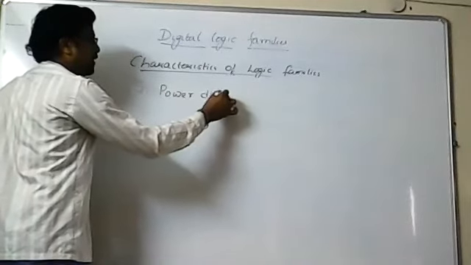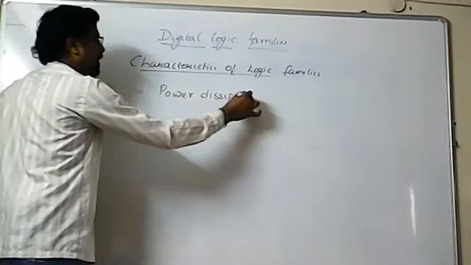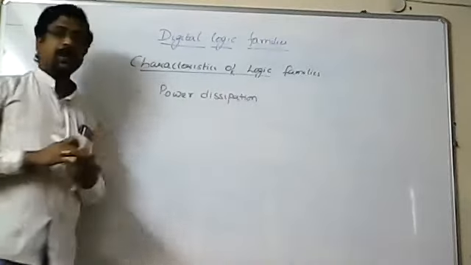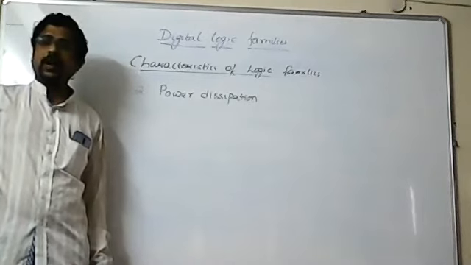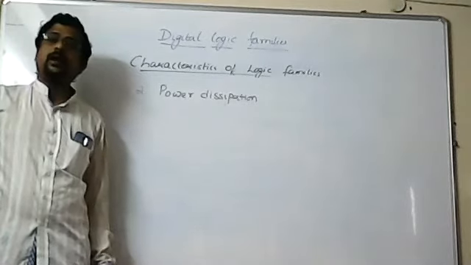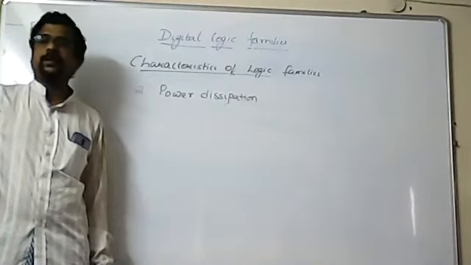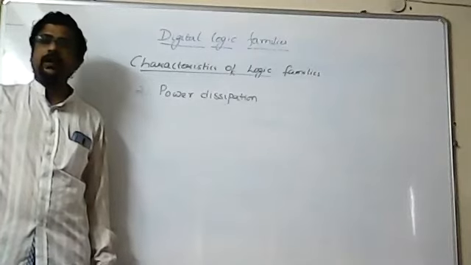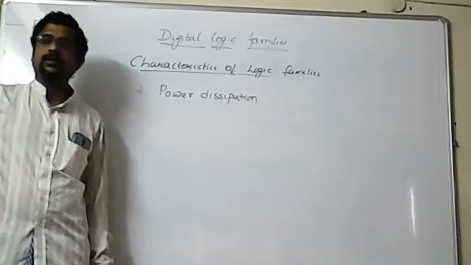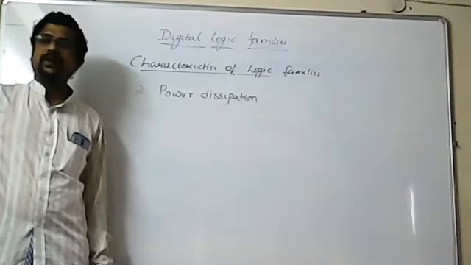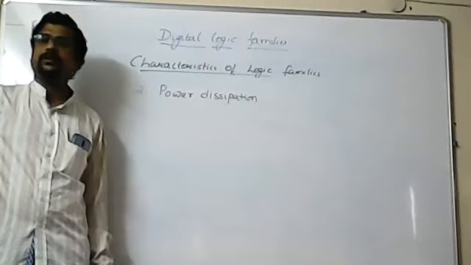power dissipation. This is also an important characteristic. We have to take care how much power is dissipated. Whenever a current flows, as per the I square R loss, heat is generated and power is lost in terms of heat.